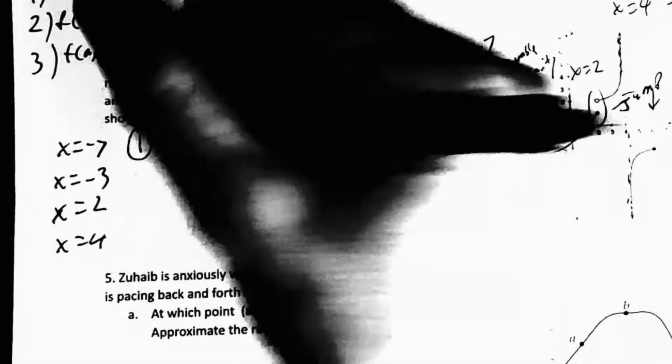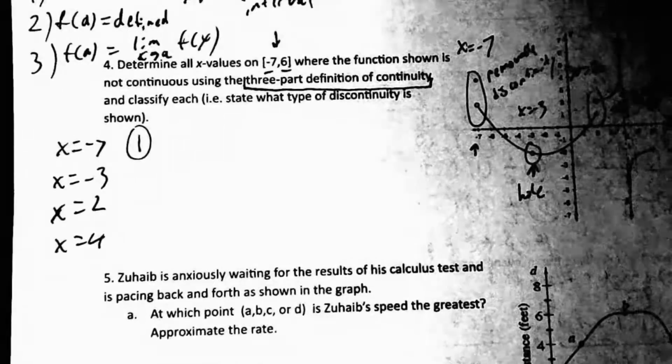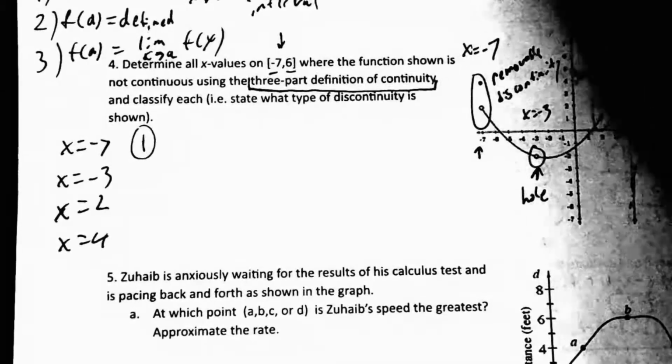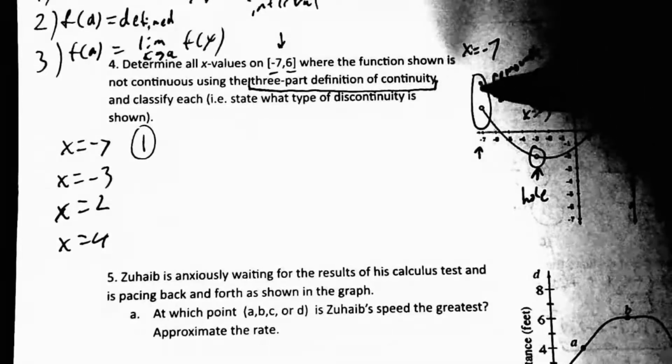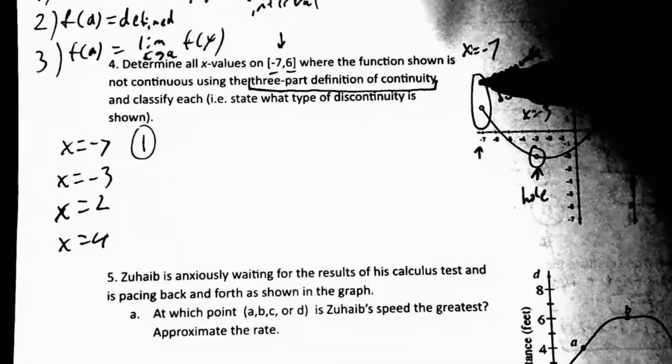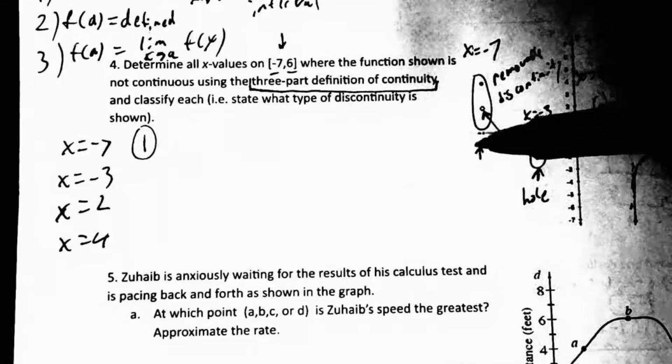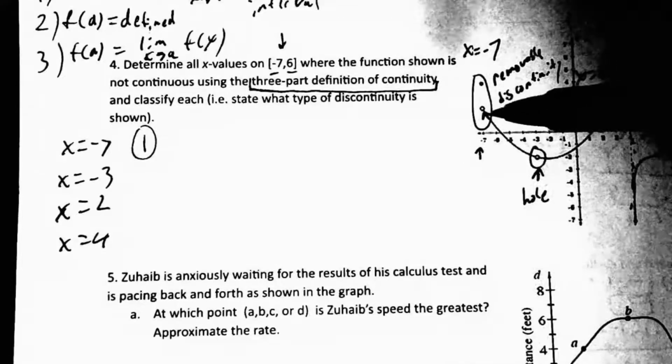So number one, does a limit exist? Yes. Because our function ends here, I cannot take a left-sided limit here, right? But the limit is approaching this value. The limit exists at -7, right?